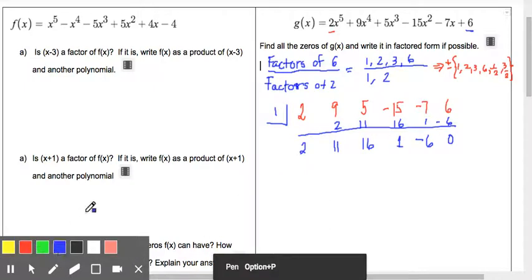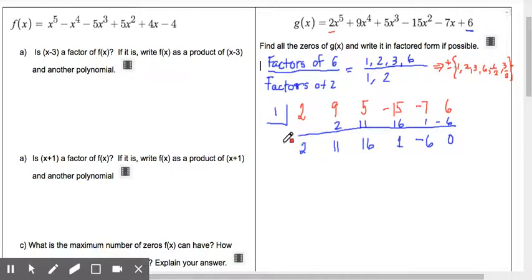So now we're going to look for another 0. Now, since 1 worked, let's find out if 1 will work again. If it doesn't work, then we're going to try another number. Okay, so here we're testing if 1 is a double 0.